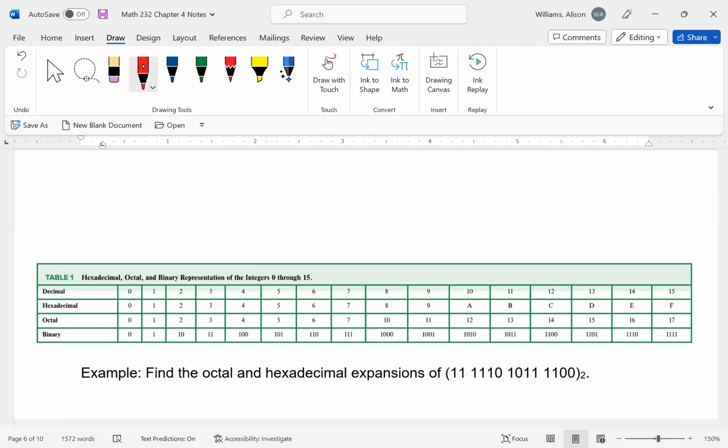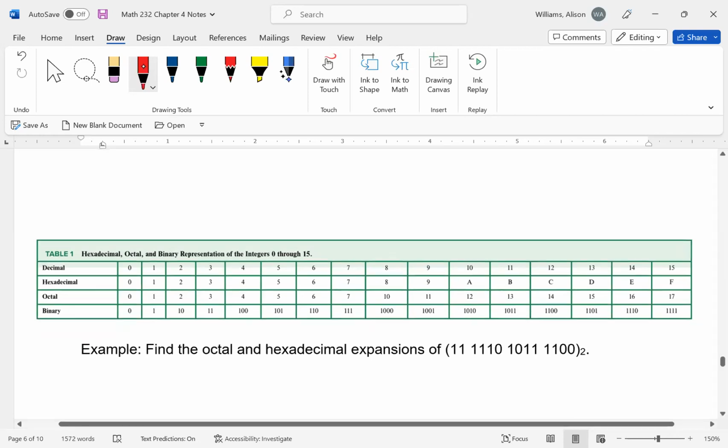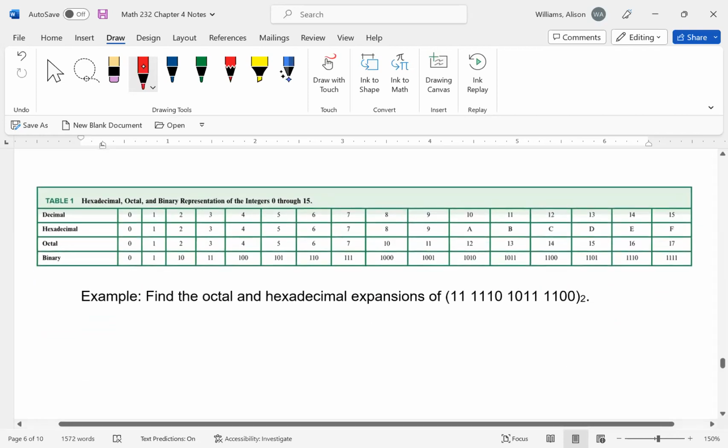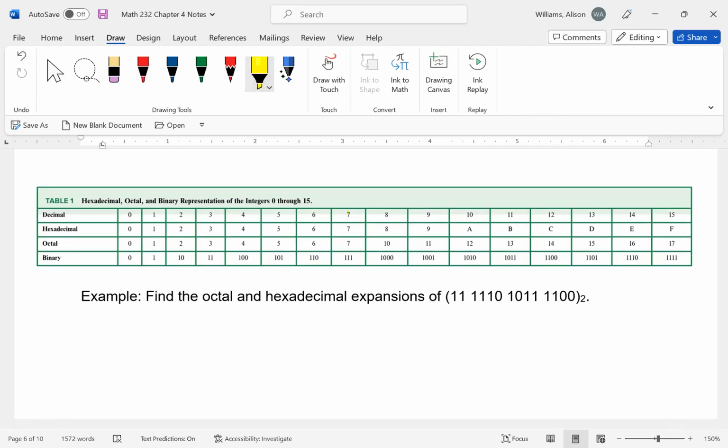Okay. So for instance, this is a number in base 2. Let's say I'd like to have it in octal or hexadecimal, but I don't want to go to decimal first. I want to just switch between them. I can use this table to help me do that. Here's how we do it. For octal, the octal digits go from 7 right down.